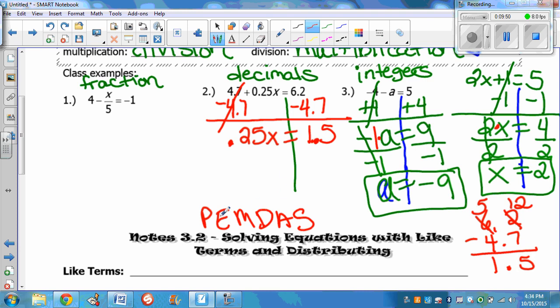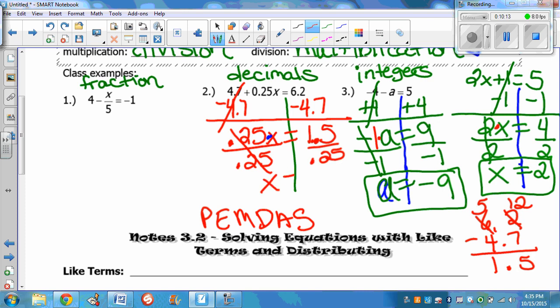So now we've got multiplication or division left over. How is that 25 hundredths attached to that x? It's attached by multiplication, so to undo it, we divide by 0.25. Those divide each other out.